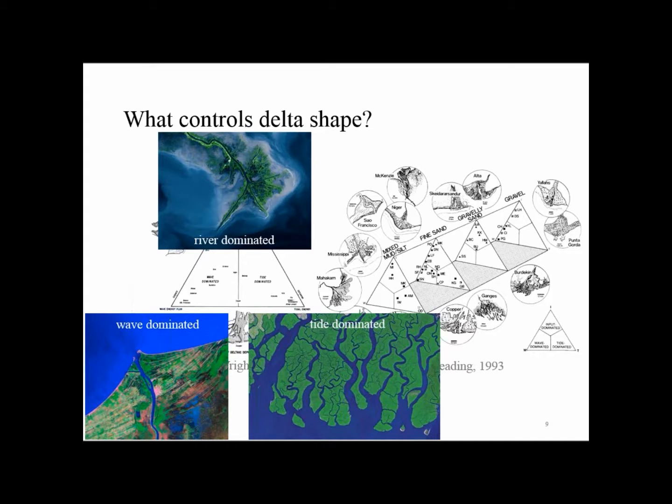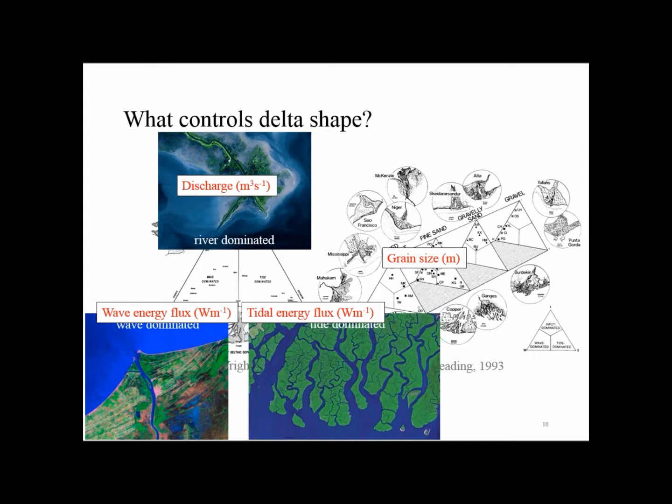And this is a very good description of the variability of deltas we see globally, but there is one very important problem: there is no way to quantify whether or not one of these shapes will occur. In his paper, he said that things like discharge are probably important to make something river dominated, or something like tidal energy is probably important to make something tide dominated.